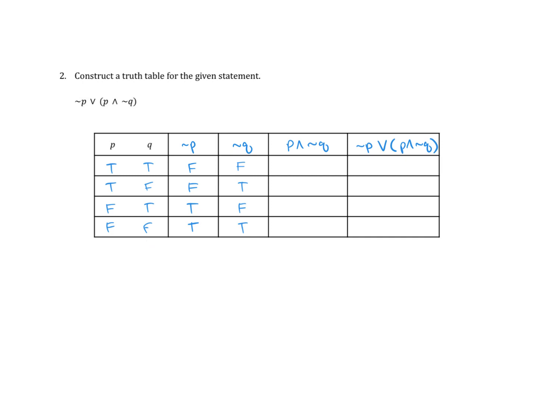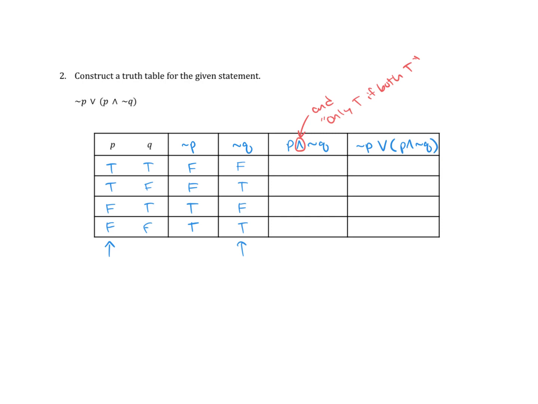And in the next column, I'm joining together P and not Q. So the rule that I need to use is the rule for and, which is only true if both are true. So I'm going to put little marks underneath P and not Q, because those are the two parts that are being joined together with and.